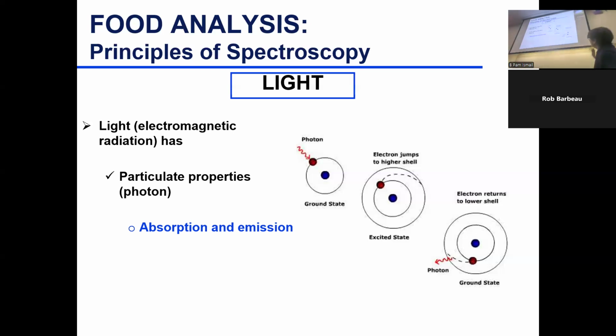Okay, so let's say your atom got hit with an allowable energy level. Then the photon of light is going to be absorbed by the electron or electrons in the outer shell, and they're going to move to a higher shell. And that is the excited state. They go from one energy shell to another higher level, and they are in the excited state.